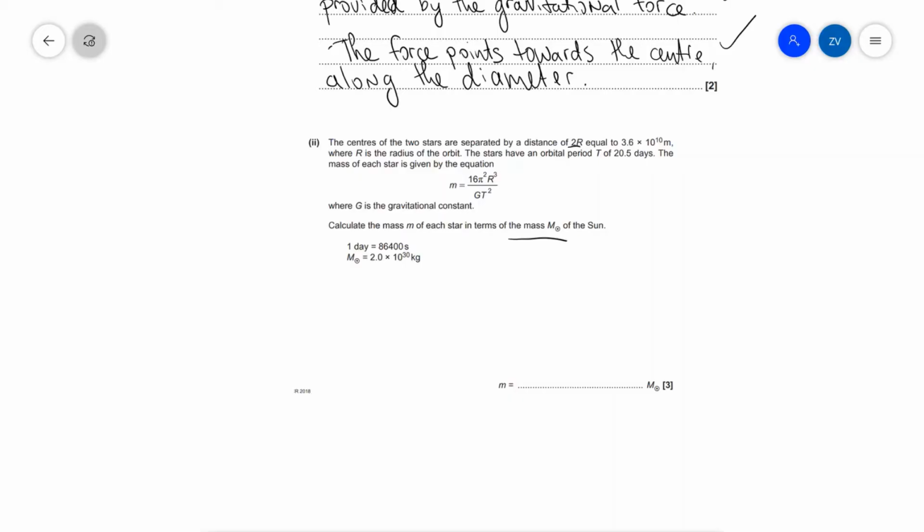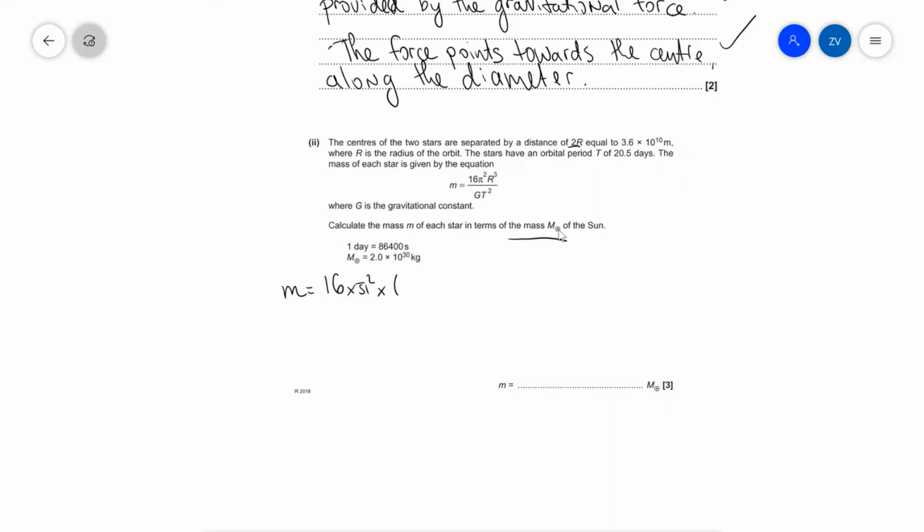Okay, well, let's get started. So the equation is already rearranged, so I can just write down that the mass of each star will be equal to 16 times pi squared times r cubed. Now 2r is 3.6 times 10 to the 10, so I'm going to need to divide that by 2.